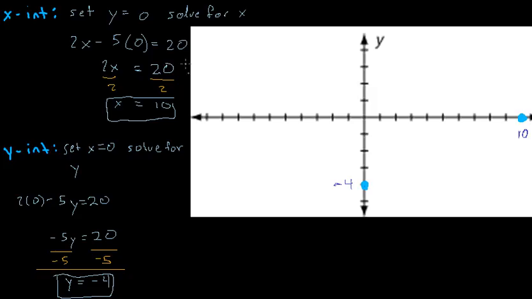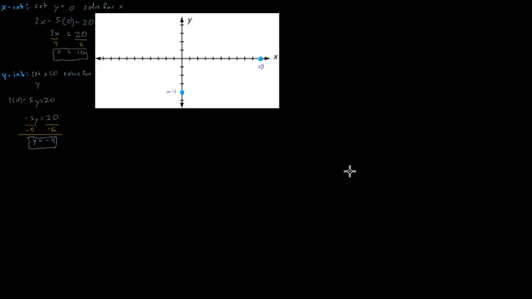So the cool thing here is just by using these facts, what I can do is draw a pretty accurate representation. That's what I'm going to do here. I'm just going to make a line that goes through the points 10 and negative 4.